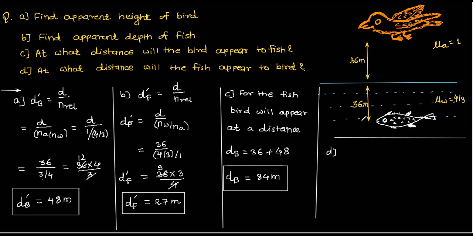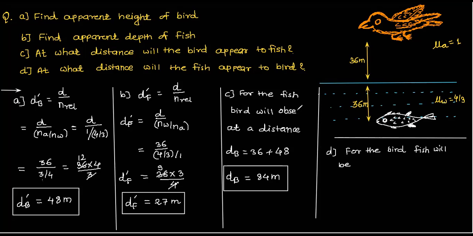Okay. So the next and last point, that is D. For the bird, the fish will be observed at a distance. Here also we will keep observed only, not appear. You can keep appear, not an issue, but I'm writing observed here, so you can also write observed only.